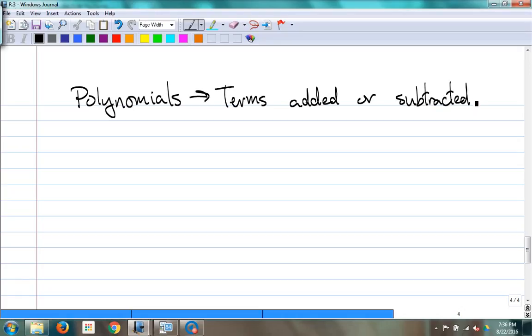What are terms? Terms are the pieces separated by addition or subtraction.